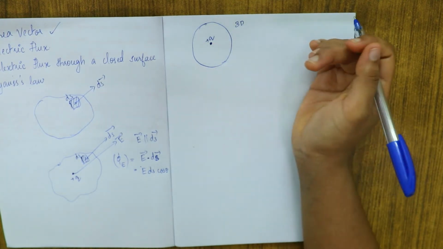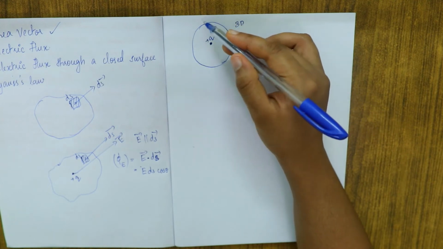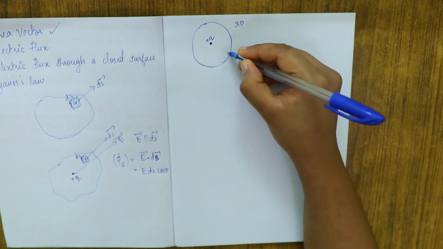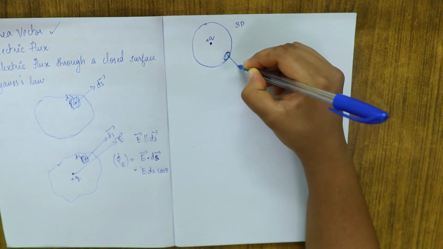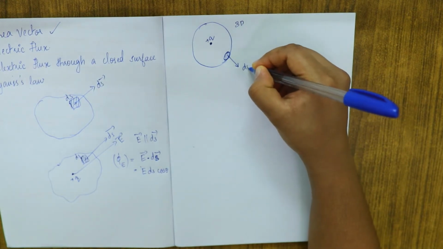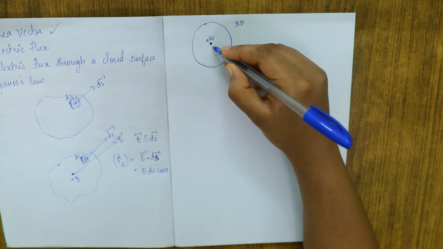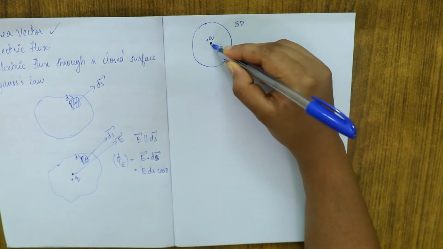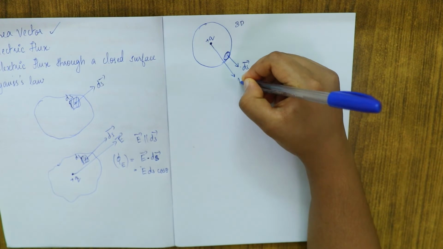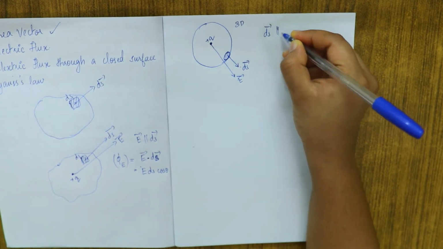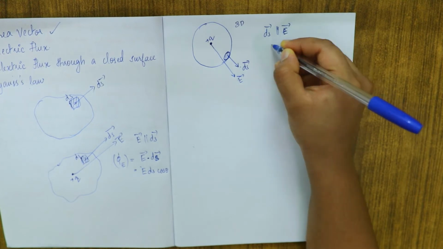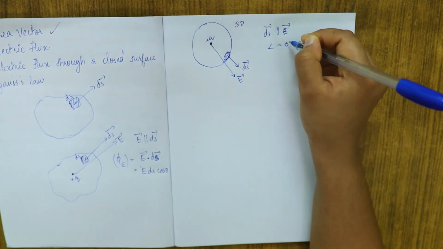This unit positive charge is being enclosed by a closed surface. Now we are going to consider a small area here, having an area vector dS outward. Similarly, this charge is also producing an electric field E outward of the surface. Here also dS is always parallel to E, that is, the angle between them is equal to 0 degrees.